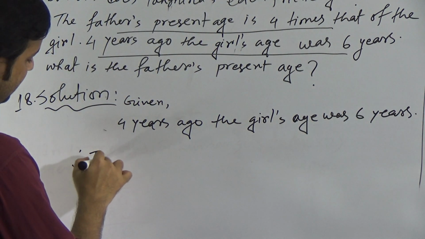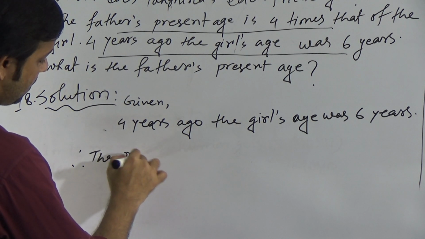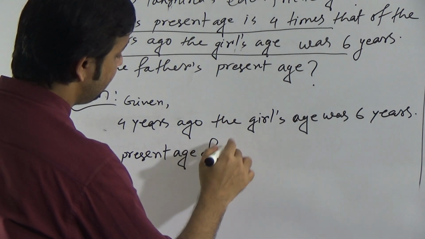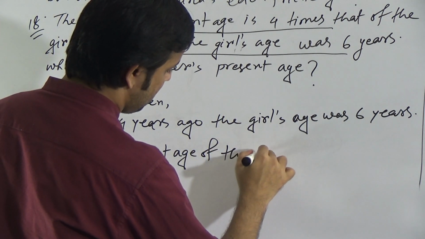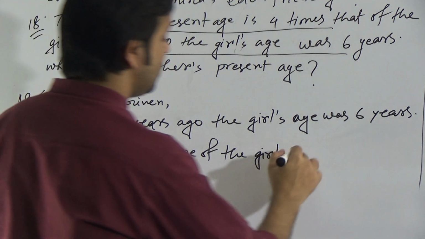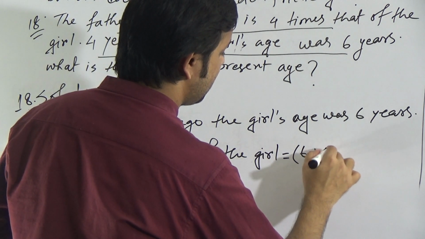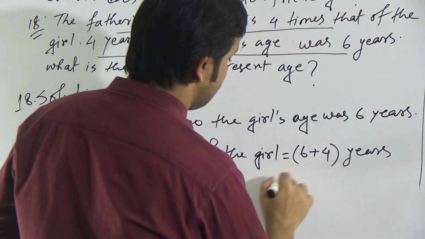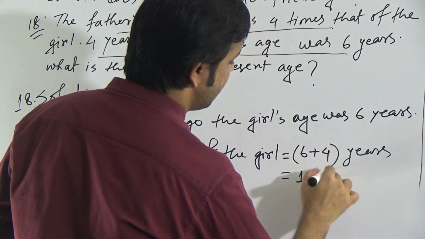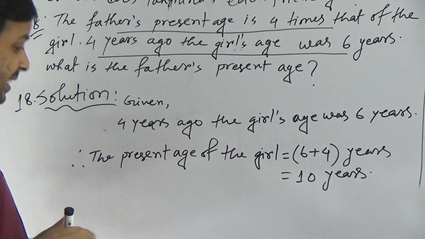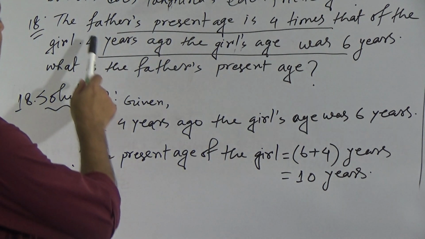Therefore, the present age of the girl will be equal to the sum of 6 plus 4 years. It means that 10 years. Just simple addition here.